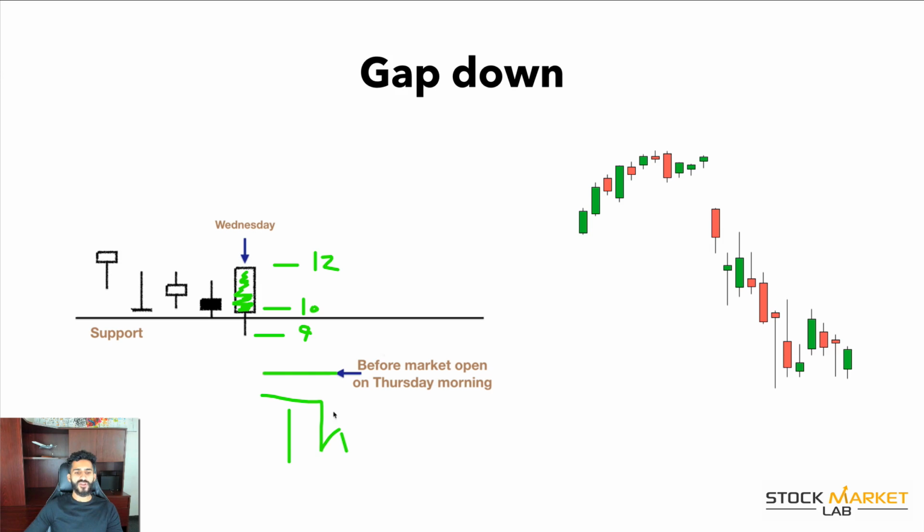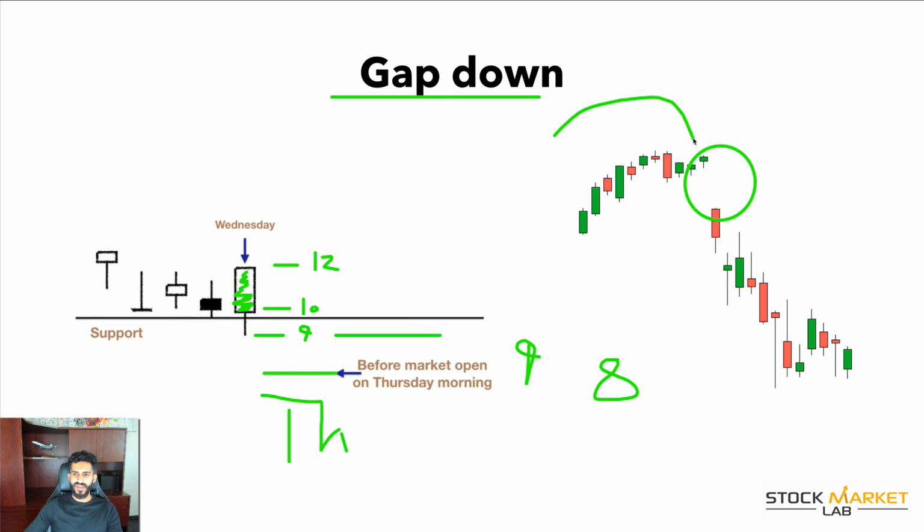The stock would have to open below yesterday's closing price. Yesterday's closing price was 12. So if it opened anywhere below 12, even at 9, even up here, that's a gap down. Even if it opened at 8, it's a gap down. The stock has gapped down and it looks something like this.